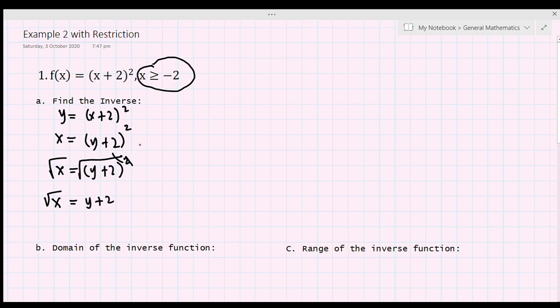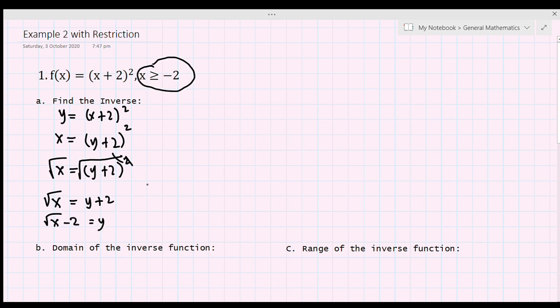Na-cancel out na natin yung raised to the second power by using the square root principle. Then we need to transpose this positive 2 katabi ng the square root of x, so magiging negative 2 na siya. So we have the square root of x minus 2 is equal to y.